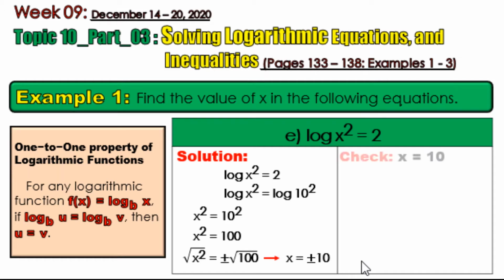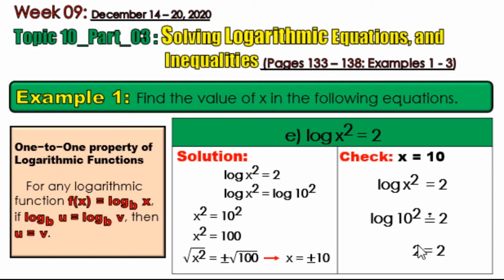So let us check if really the values of our x are positive 10 and negative 10. Okay, so let us start with positive 10. Substitute. So 10 squared is equal to, okay, so the base is 10.